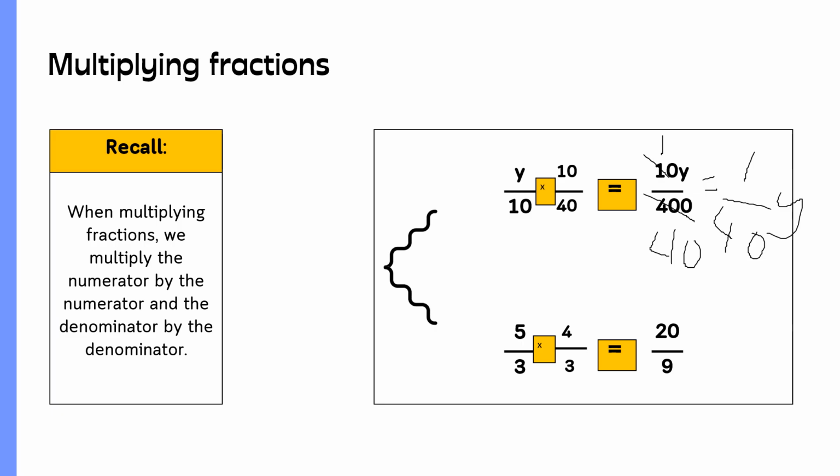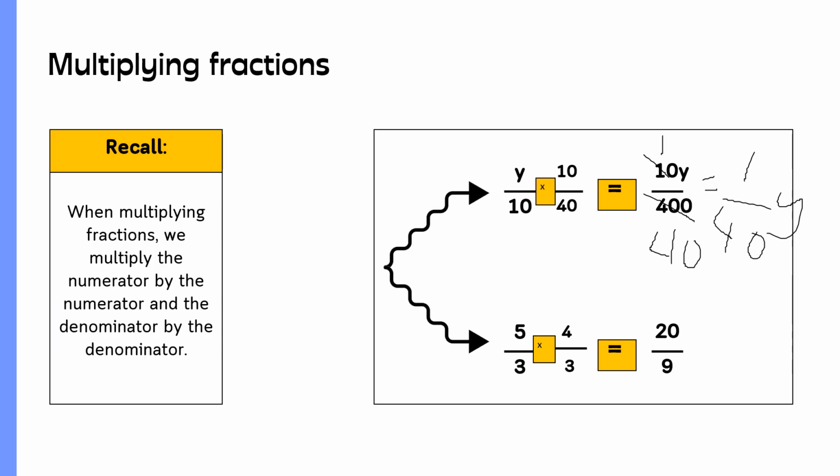Now this is what we call an improper fraction. It's top heavy, right? So it's called an improper fraction. So 20 divided by 9, right? When you see a fraction like this, the first thing you ask yourself is how many times the denominator can go into the numerator. So you're going to say to yourself, how many times can 9 go into 20?